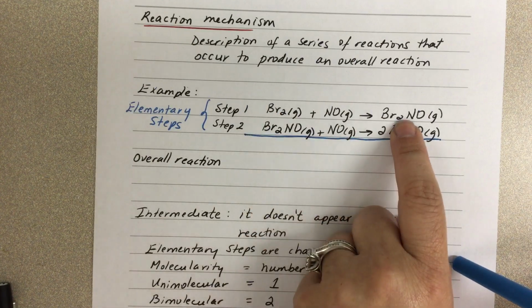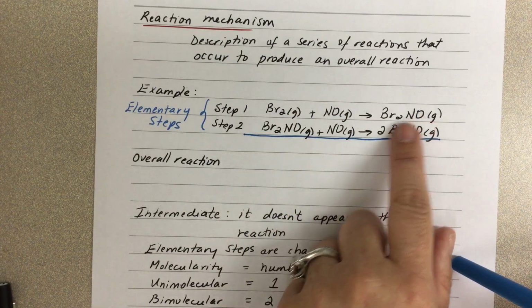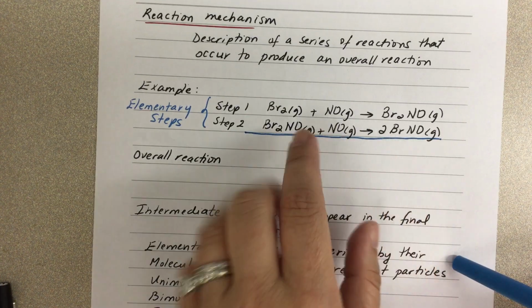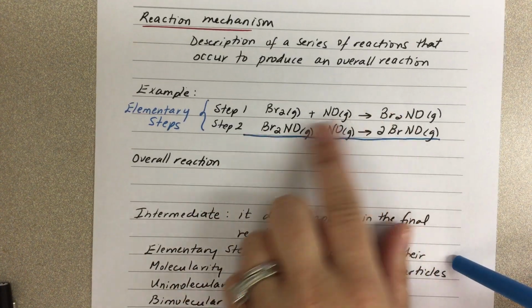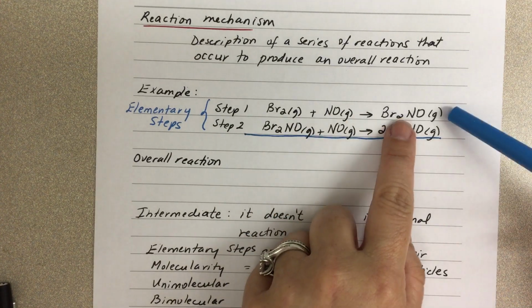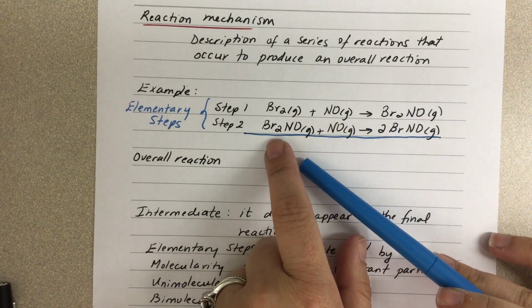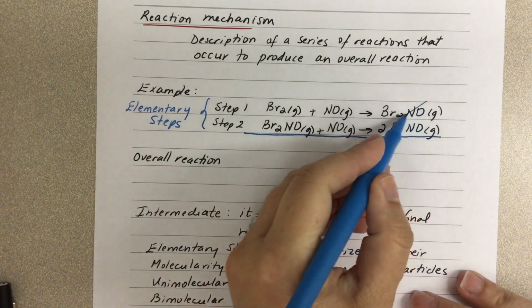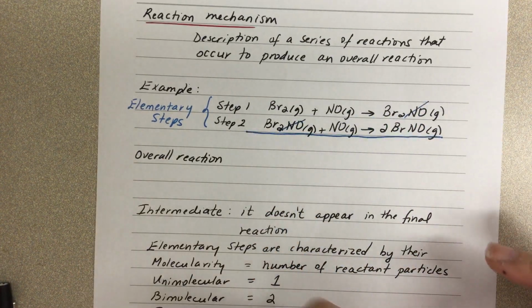You're forming that compound in step 1, but then you're using it in step 2. So at the end, you're not going to have any of that compound left, because it's been formed but used up in the second step. So that is going to cancel out.